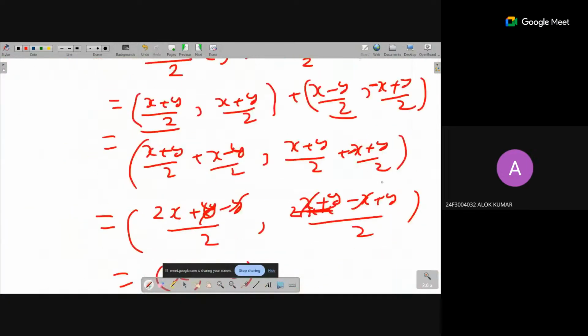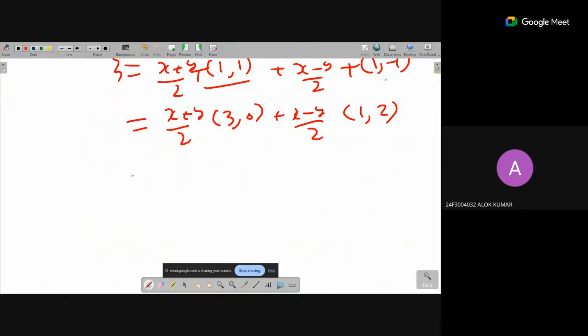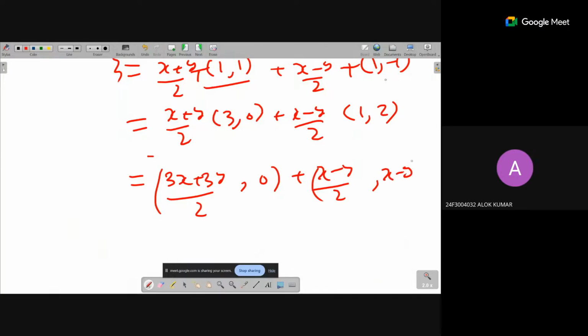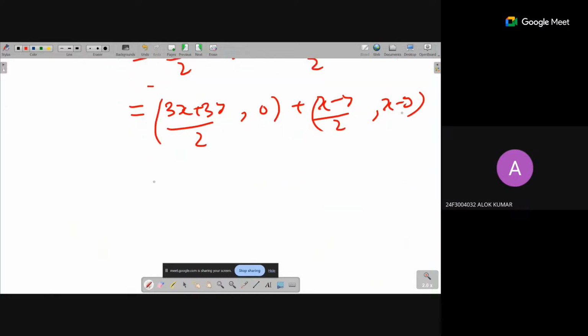Yes. Now do the same step. So you will arrive at 3x plus 3y by 2 comma 0, plus x minus y by 2 comma x minus y. Now you will have to simplify. Can I write directly?